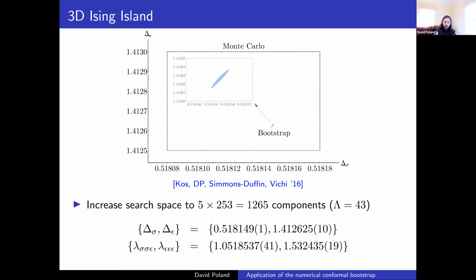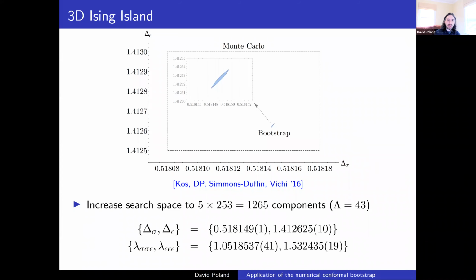Okay, when you apply this OPE scan technique and you push this system of 5 Bootstrap equations as far as you can, at least using 2016 technology, which pushed it to lambda equals 43, which corresponds to 253 derivatives.